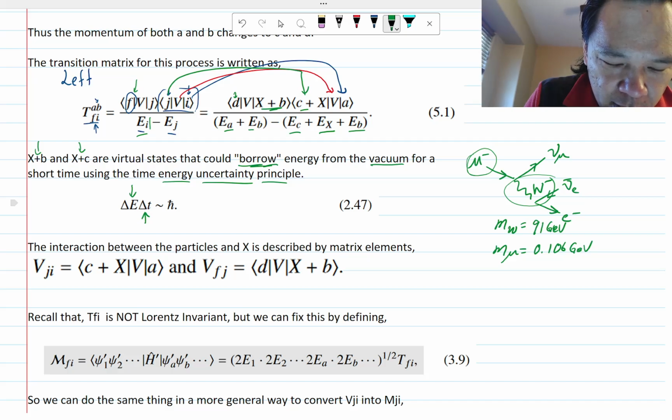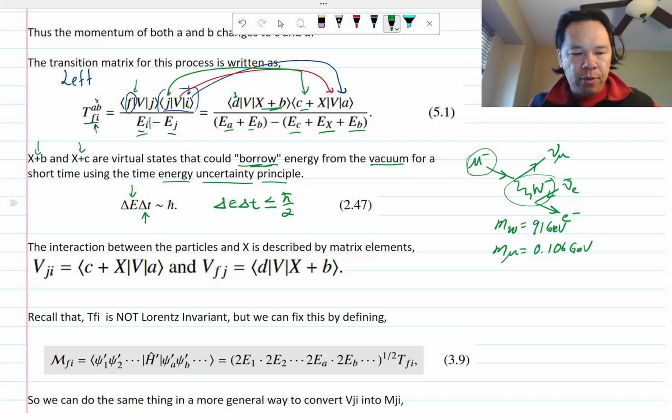This book uses approximately h bar, but in a lot of textbooks the uncertainty principle is written as an inequality, less than or equal to h bar over 2. So if that W boson exists for a short enough time, you can borrow enough energy from the vacuum for that decay to happen.